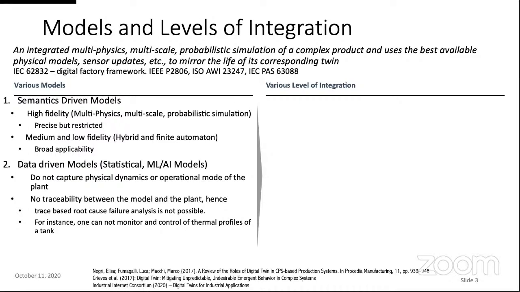One issue here is that, of course, it is quite versatile, but at the same time you don't really have a model of the plant, so that traceability is not there, because you're simply getting the data and creating a black box model. Of course, people are trying to build traceable AI or ML models today, but it is not as good as, for example, a multiphysics based model. Therefore, if you want to find anomalies or certain failures, that is possible, but if you want to trace back and find out why it happened, a root cause analysis, that may not always be possible.